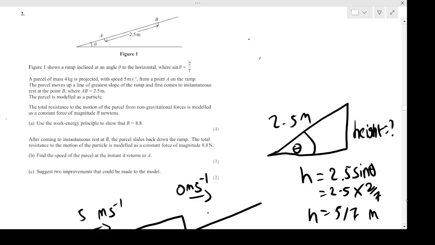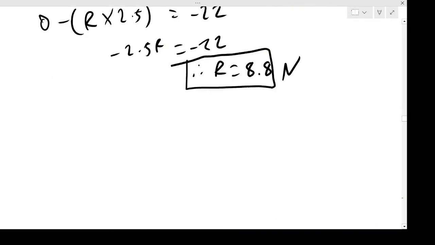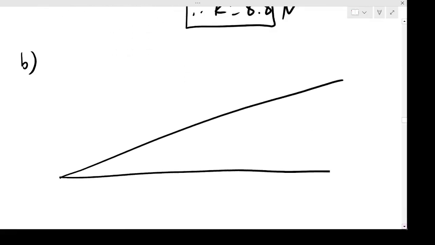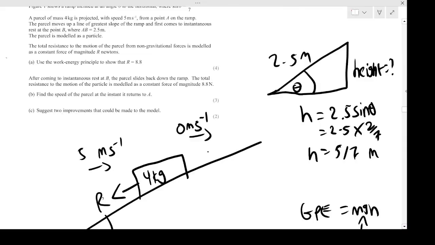So if I now draw this situation in a new diagram, what we've got going on now is again the angle theta. I have my parcel. The mass is 4.